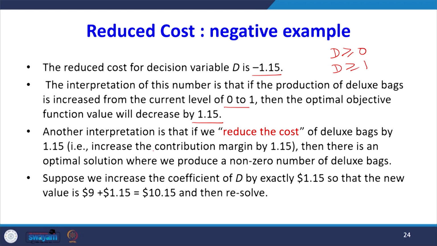So the optimal value decreases by 1.15. Another interpretation is that if we reduce the cost of deluxe bags by 1.15, that is, increase the contribution margin by 1.15, then there is an optimal solution where we produce a non-zero number of deluxe bags. Suppose we increase the coefficient of D by exactly $1.15, so that the new value will be $10.15, and we can resolve it.